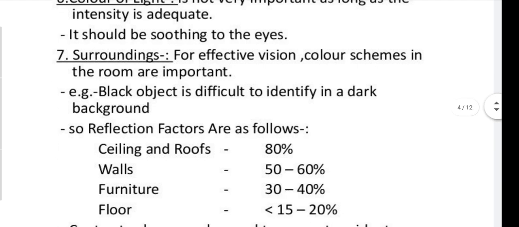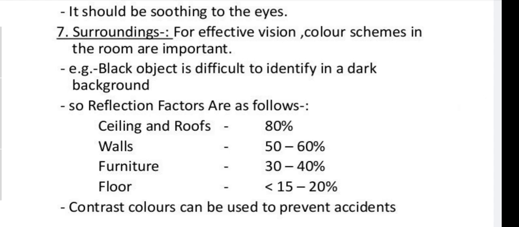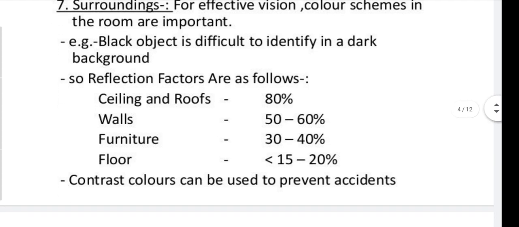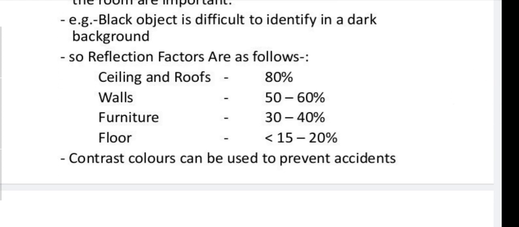Next, surroundings. For effective vision, color schemes in the room are important. Like a black object is difficult to identify in a dark background. So you can use either a light object or a light background. There are reflection changes. If the light is falling on the ceilings or the roofs, there will be 80% reflection.